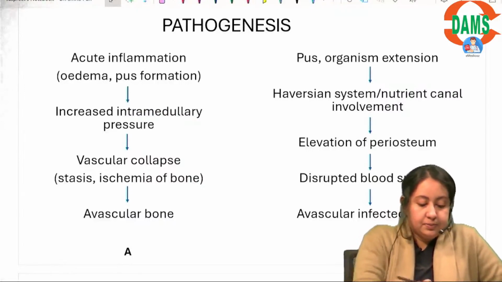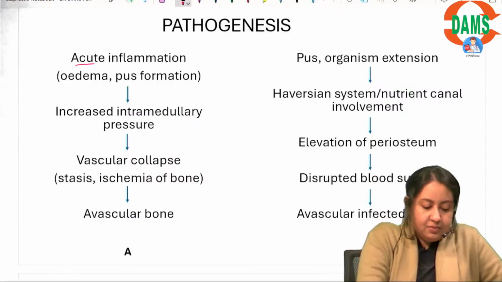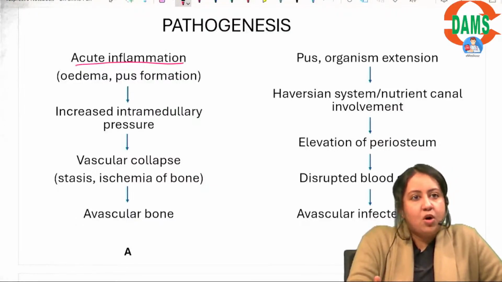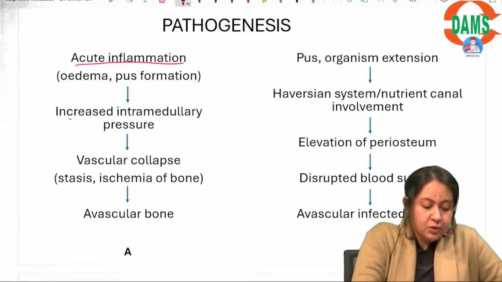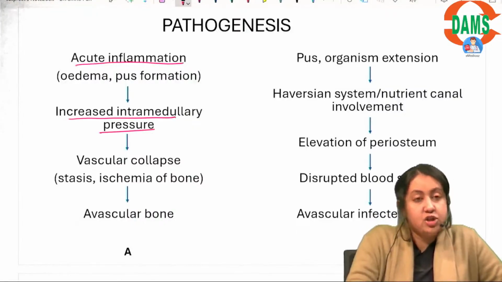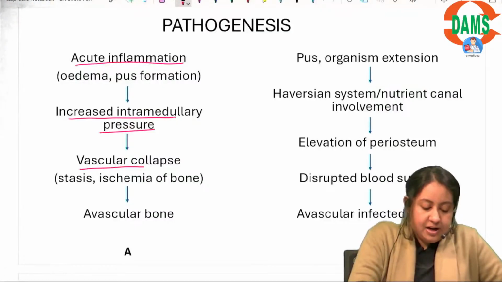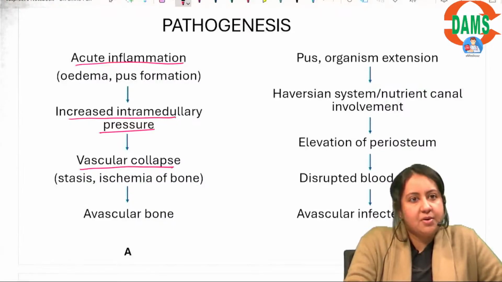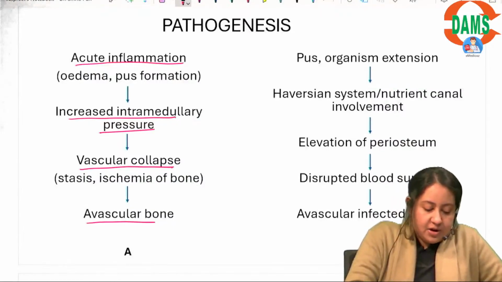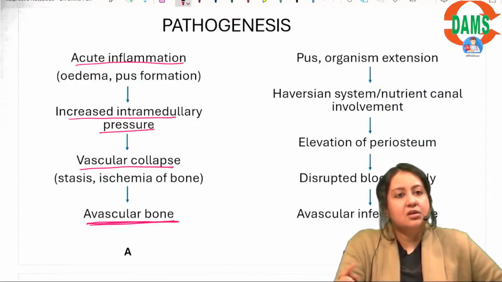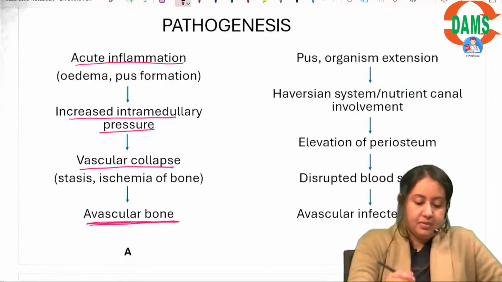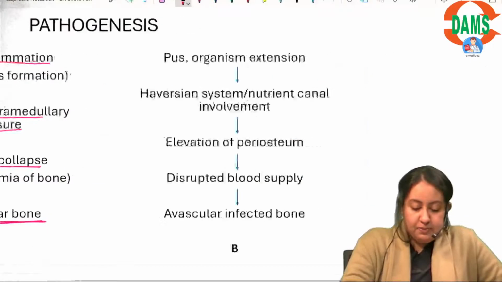In the first pathway, there would be acute inflammation, which may be related with edema or pus formation, which will cause increased intramedullary pressure and which will ultimately cause vascular collapse, that is stasis or ischemia of the bone, and it will lead to formation of avascular bone because there was stasis of the blood supply and there was ischemia.